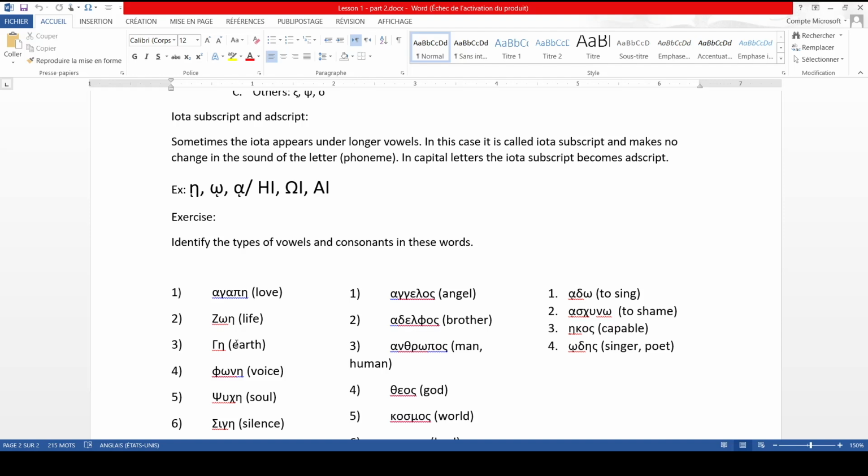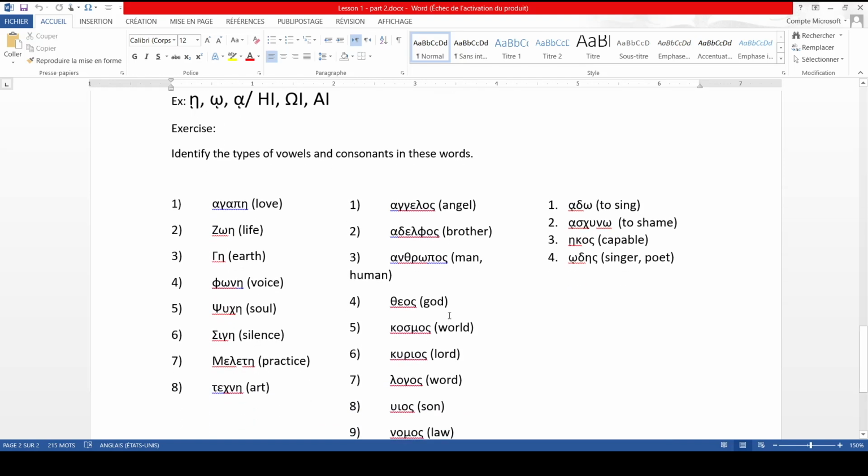I took off on purpose some diacritical marks just to make it easier for you. I don't want you to get confused with signs that we haven't seen so far. Once we see those signs, I will feel more comfortable to put them. So these are not the right spelling of the words that we're using here.